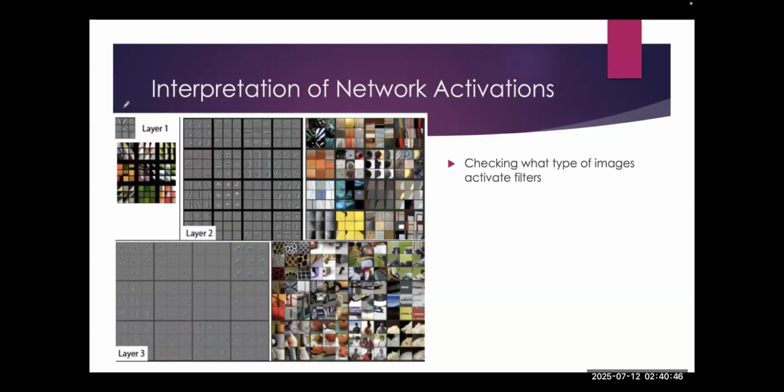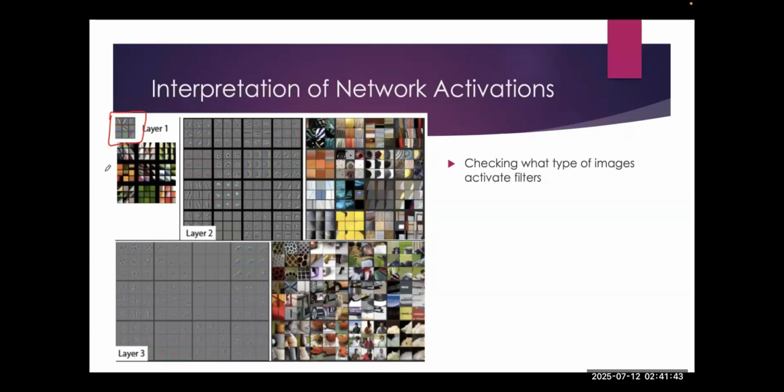In this slide, what I've shown are the visualizations of filters of the first two layers of the AlexNet architecture. If you look at this part, this is the visualization of first layer filters. If you closely look at these filter shapes, they are edge detectors. In other words, these filters would produce a positive response when the image contains edges.